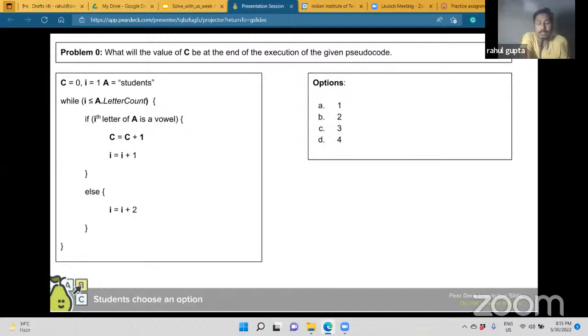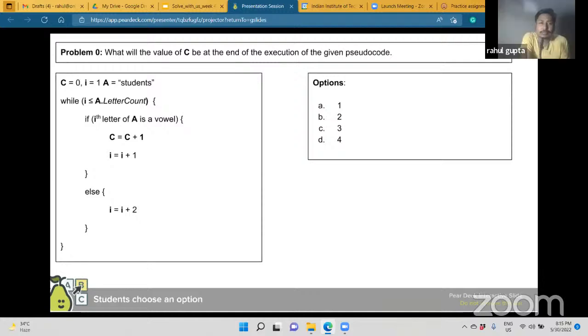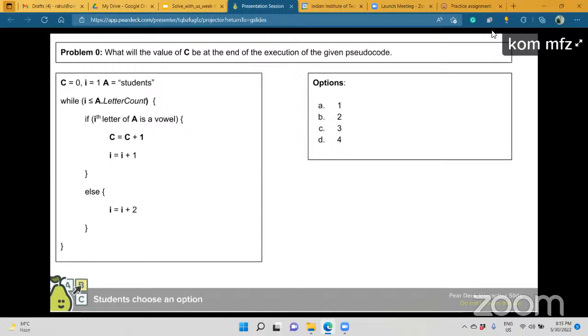I did not get it, again please. In this code, let's say i is equal to 1, and i should be less than or equal to a dot letter count. It is less than, because we have 1, 2, 3, 4, 5, 6, 7, 8 letters in a.